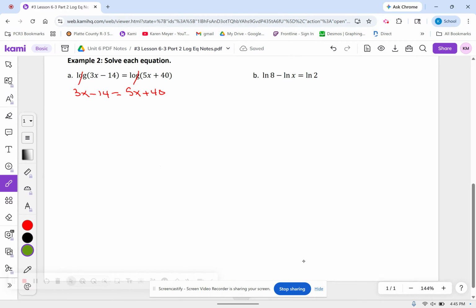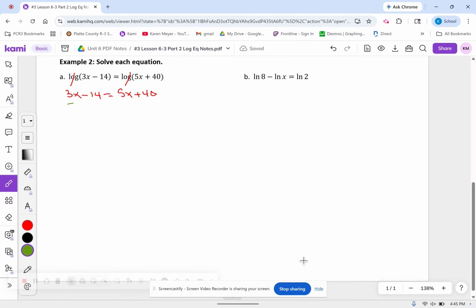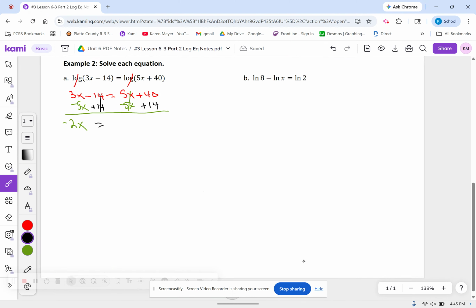So I'm going to subtract my 5x over here, which will give me negative 2x. And then I want to have my plain number on the other side, so I'm going to add the 14 over, which will give me positive 54.